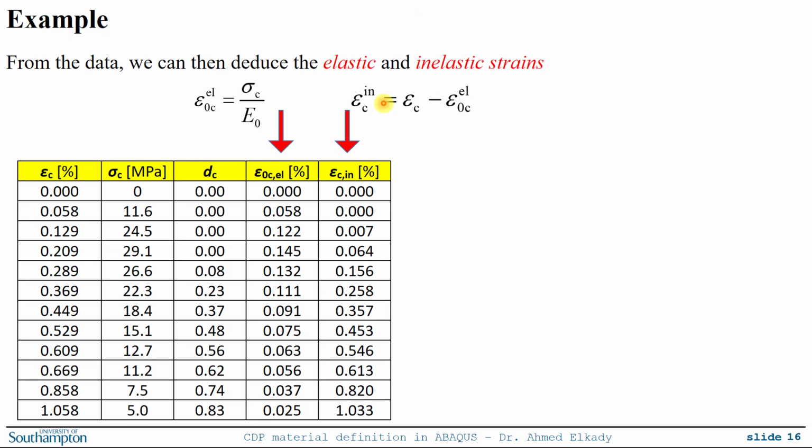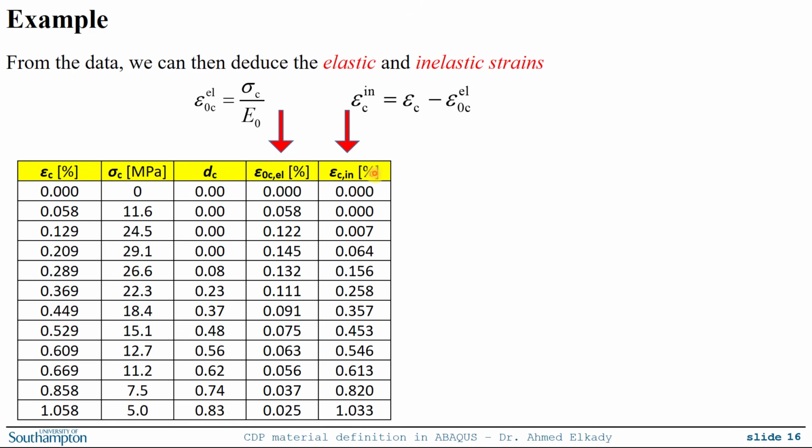Then you compute the inelastic strain, which in this case will be the total strain minus the elastic strain, and then you get this data over here. So in ABAQUS, what you are going to provide is this inelastic strain and this damage parameter if you want to define the damage portion of the material model.